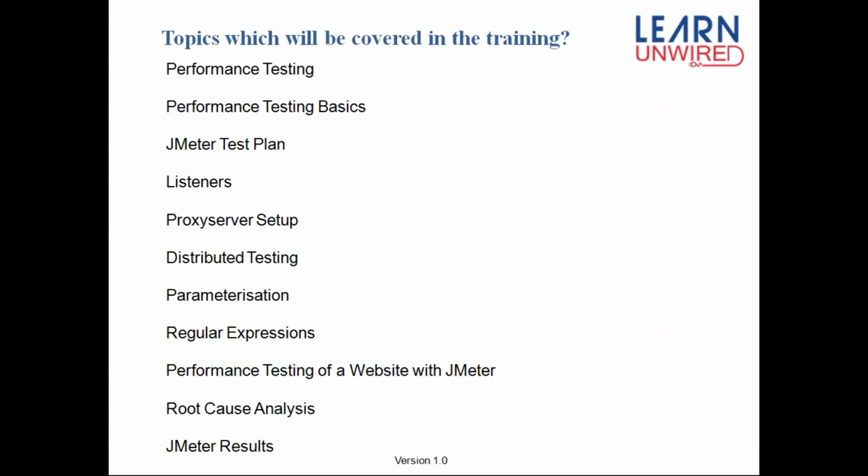The process is like this: first we perform unit testing, then integration testing, usability testing, and functional testing. Then it comes to performance testing. After performance testing, we can deliver for acceptance testing, and then maintenance.